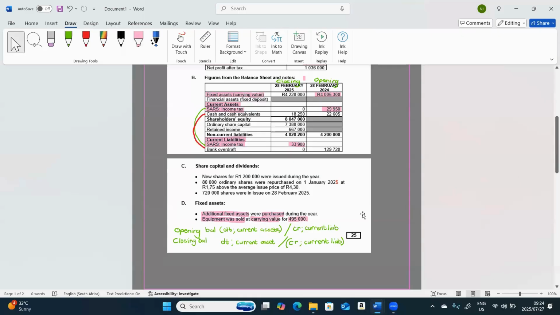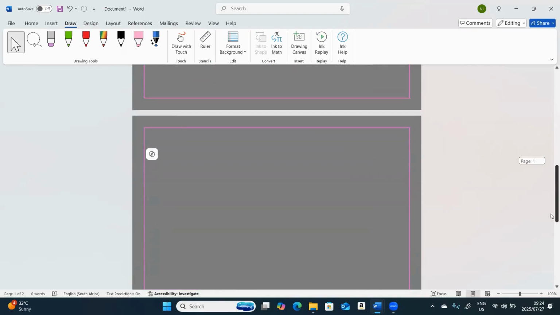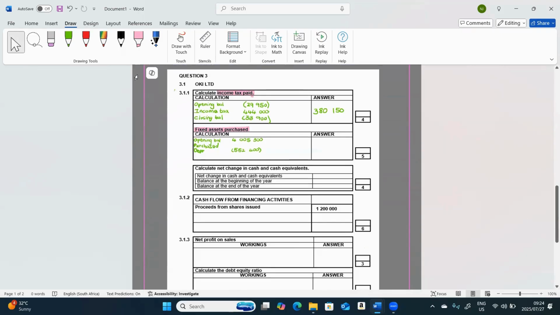So we know anything that was sold has to be subtracted at carrying value. So we are going to subtract the 495,000 rand. I'm just going to have to write this very, very small. So sold, because it's sold, guys, it's also going to reduce my fixed asset balance. So it's going to be 495,000 rand that we are going to subtract as well.